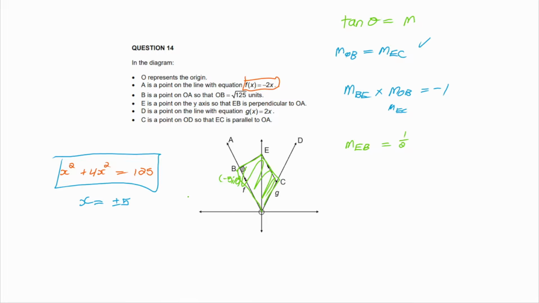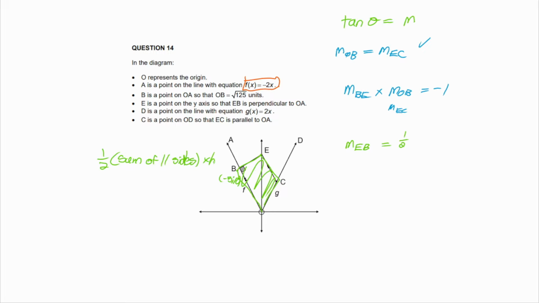So you can know from theory that the formula for the area of a trapezium is half the sum of parallel sides times the height of the trapezium.